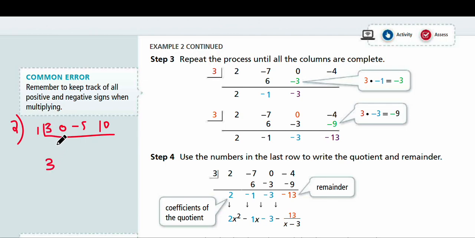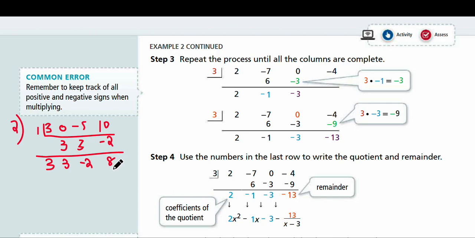Then you add them, you get 3. And then multiply that by 1, and you get 3. And then you add -5 and 3, you get -2. You multiply 1 by -2, and you get -2. You add them, you get positive 8.